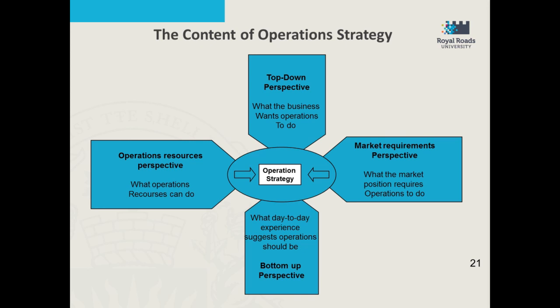Top down perspective: what the business wants the operation to do. Assume that you are an operation officer and you need to define your priority. Certainly, the first thing you will do is talk with your boss, correct? What's your priority? Where do you want me to focus? That is at the level of one process.